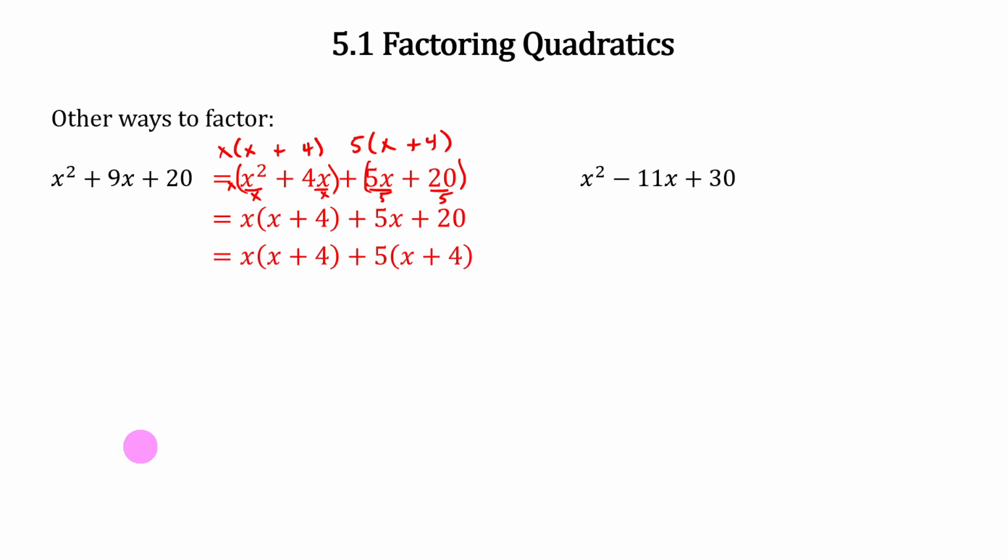So essentially what I'm going to do is divide both of these by x plus 4. And now the x plus 4 is my common factor that I put on the outside. And now this cancels out with this, just leaving me x. And this cancels out with this, leaving me that.